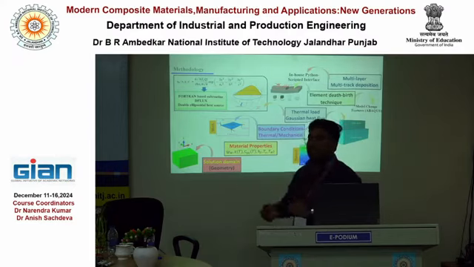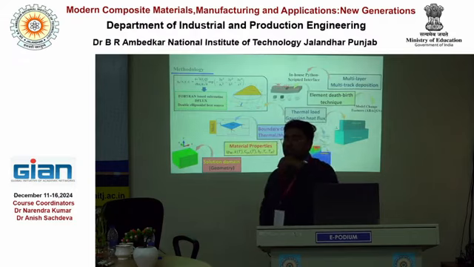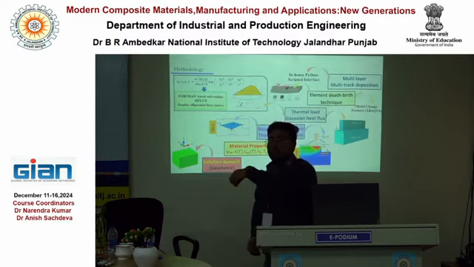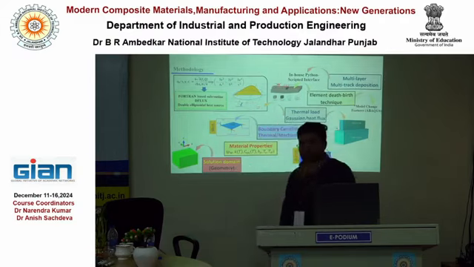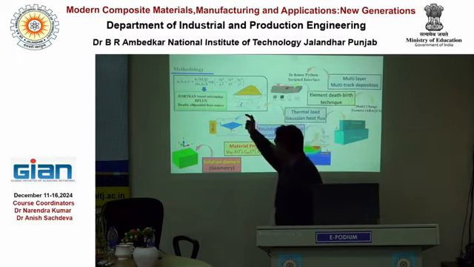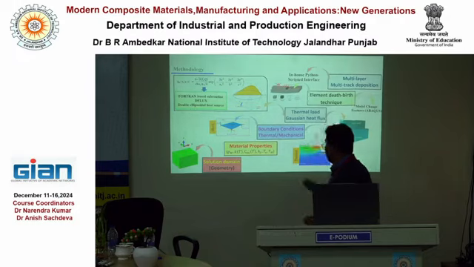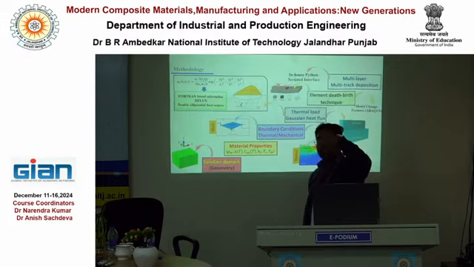If we want to move our heat source from one position to another, traveling will be there, meaning velocity will be there. For the incorporation of this velocity aspect, I have given this flux or heat source by using the subroutine only, which I will show you: how to incorporate the subroutine and all. So the Gaussian heat flux we have incorporated in order to impinge the heat source during the welding, or we can say during the deposition process.